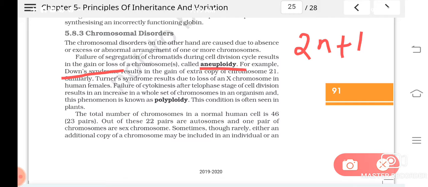Then another disease is known as Turner's syndrome. In Turner syndrome, one X chromosome is less, meaning the condition is 2n minus 1. Understood? 46 chromosomes should be there in a normal person, but in a person with Turner syndrome, only 45 chromosomes will be there.